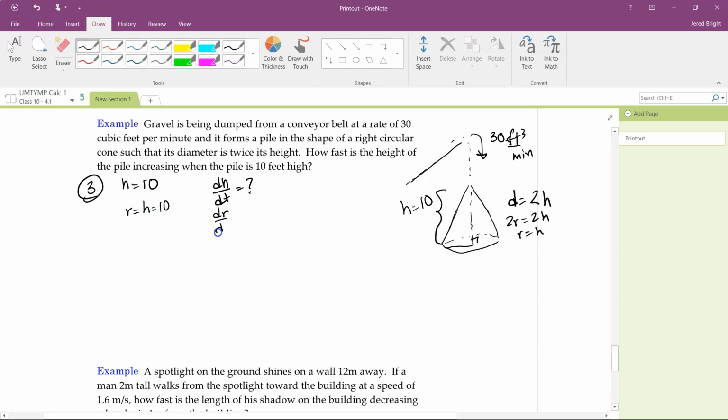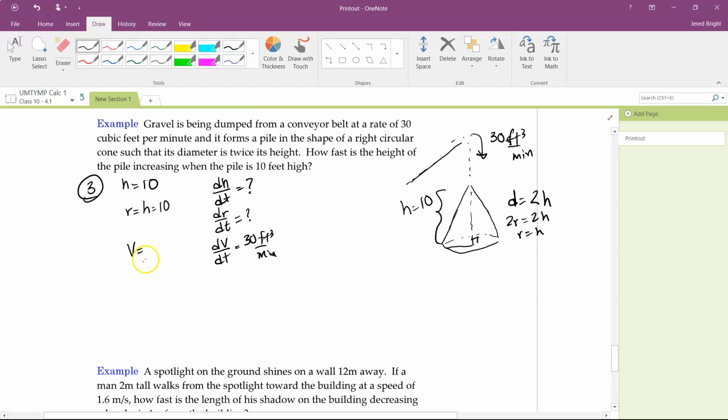And we don't know what dr/dt is, so we don't know how fast the radius is increasing. Okay, we'll get there though, I promise. And lastly, we don't know what the volume is, we can figure it out, but we know that the change in volume is this 30 cubic feet per minute.